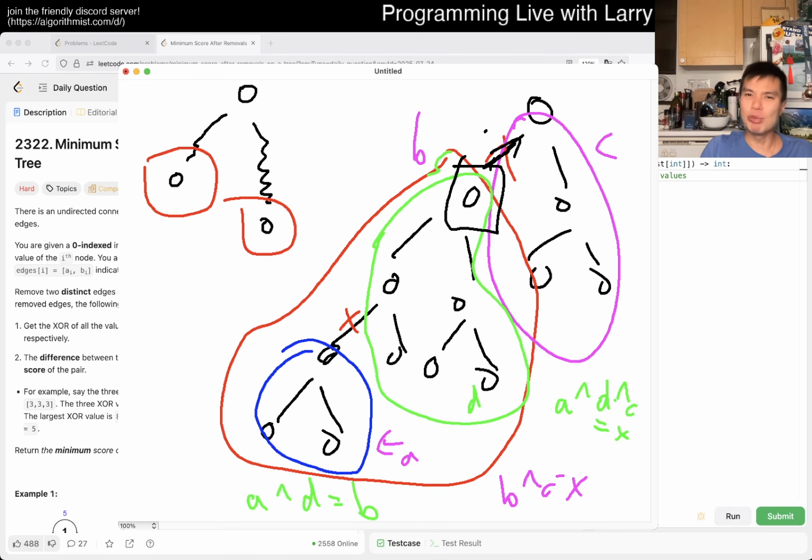You can root it in any way you want; I don't think it matters that much. But once you root it and you have a direction, you just remove the edge to the parent, and then you have this subtree, and you say the same thing for the other one. So basically what you're now iterating, instead of two edges, is two roots, right?